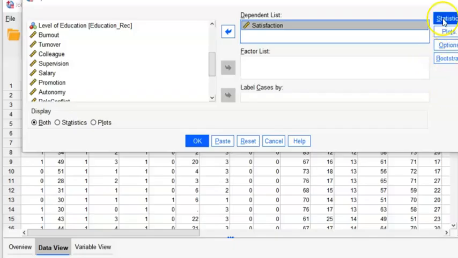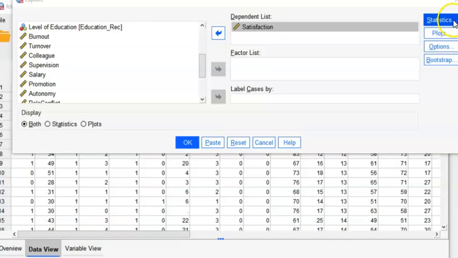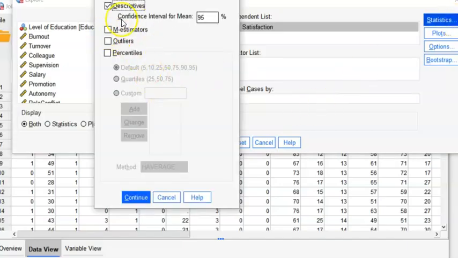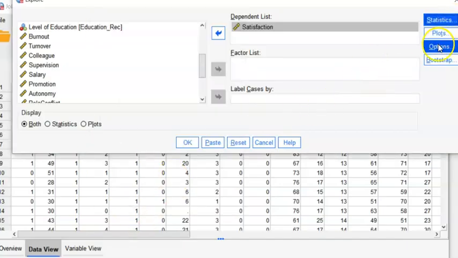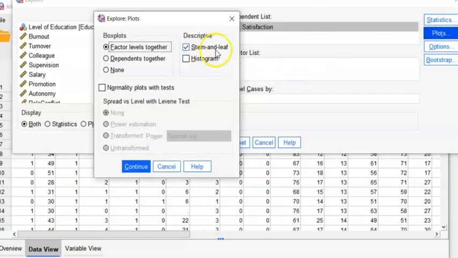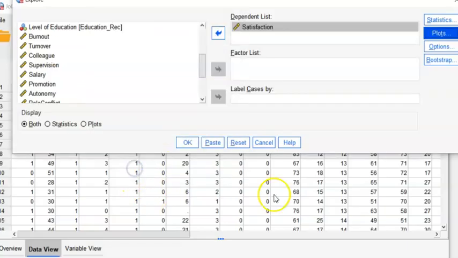Then Statistics, and that is Descriptive. Continue. In Plots, instead of stem and leaf, we use more the histogram, and then normality plots with tests. That is very important. Then you continue, and then you can click OK.